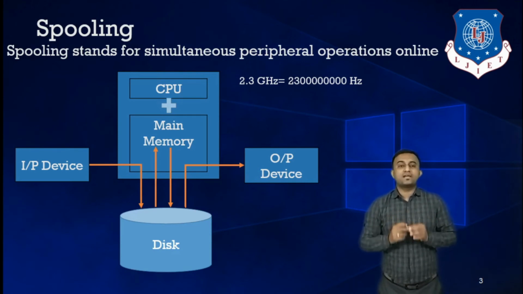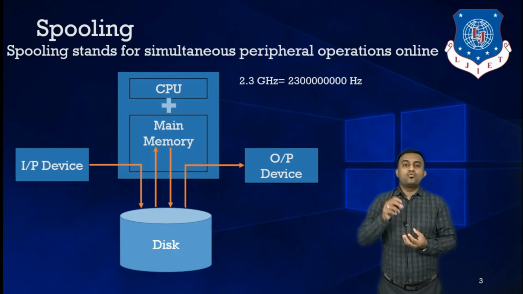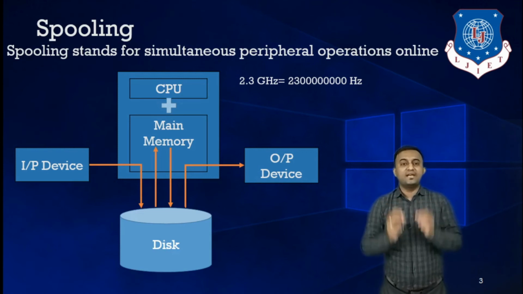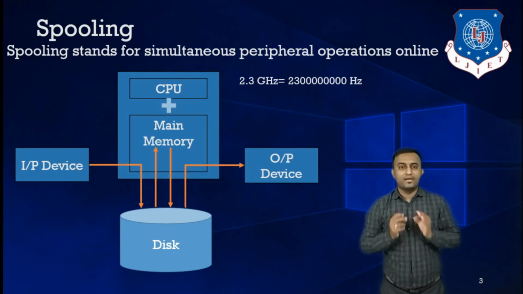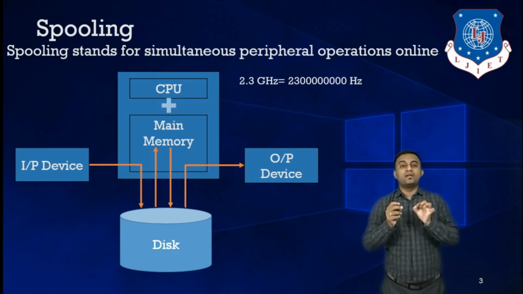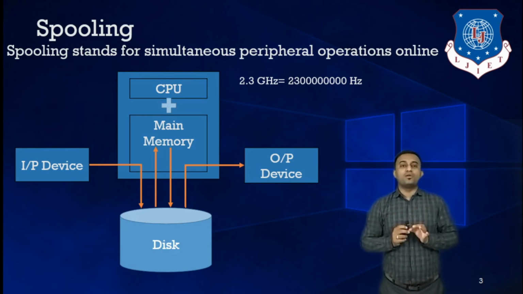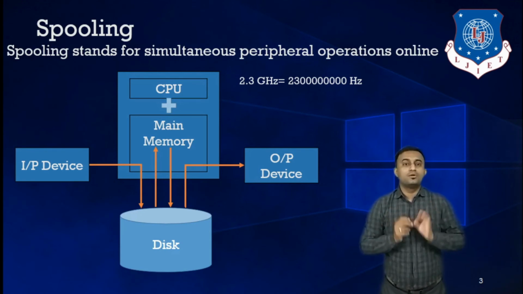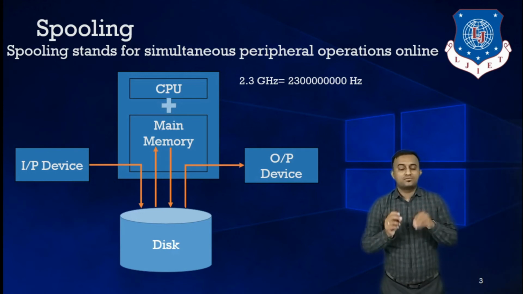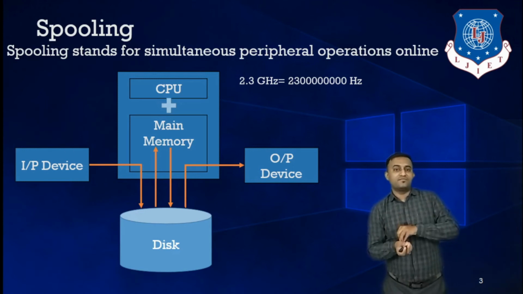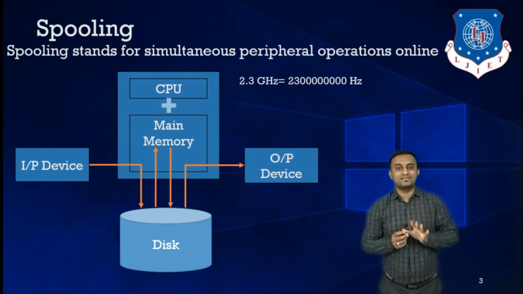Now in the second step, if you want to execute that data in the CPU, the secondary memory will give that data to main memory first, because you know very well the CPU cannot directly deal with secondary memory; the CPU can directly deal with main memory only. It means the CPU can execute a process or program only when it resides in main memory. So the data will be shifted from secondary memory to main memory. That is the second step.